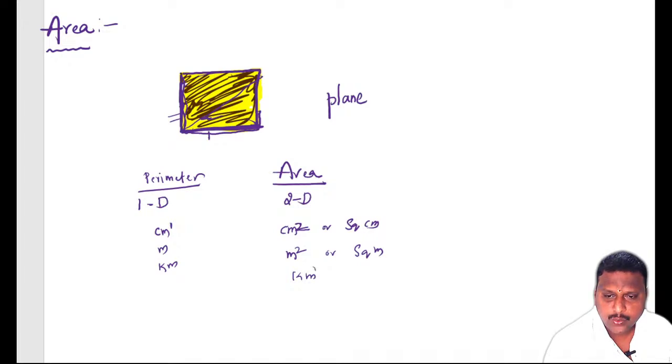Kilometer square or square kilometers. Okay, this is the difference between area and perimeter. Perimeter means outer line measurement. Area means the amount of surface occupied by a plane figure.